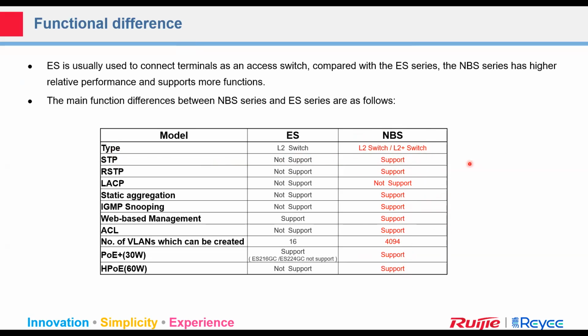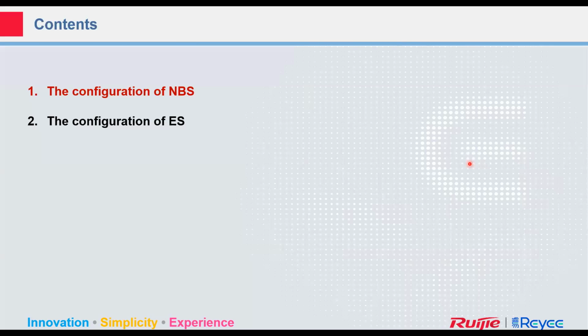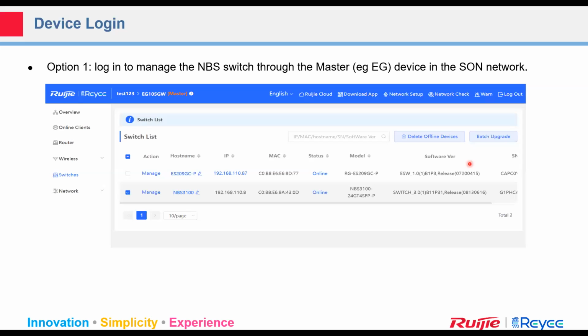So here we'll go through the NBS switch configuration. First of all, there are two ways to access or log in to the NBS switch. Option one is you log in to the NBS switch through the master, for example EG, the device of the SON network.